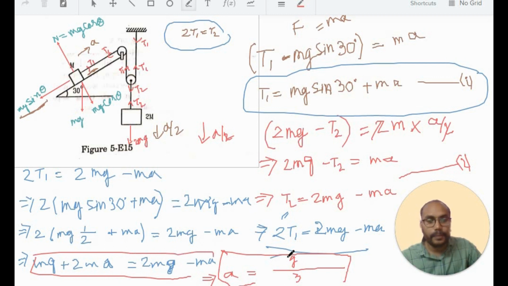This is the final result. So the acceleration of the mass m is g by 3 and it will be upward. So a equal to g by 3. I am getting this result by solving all the equations.